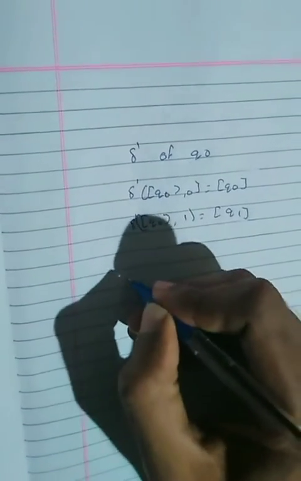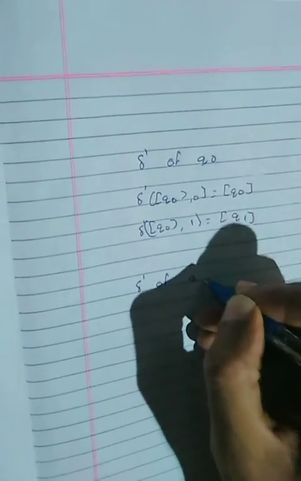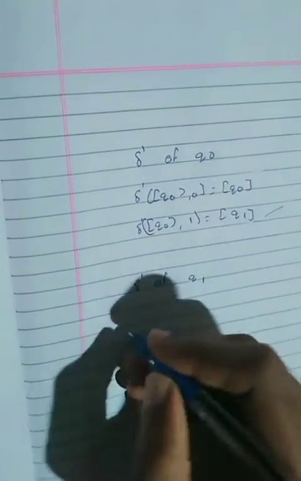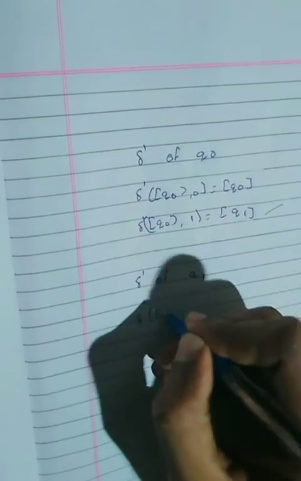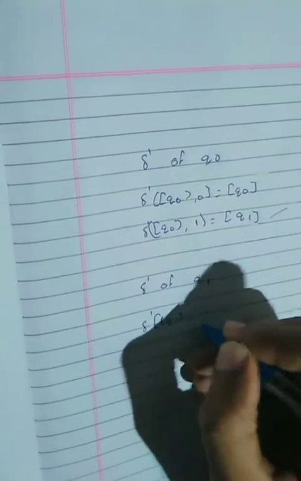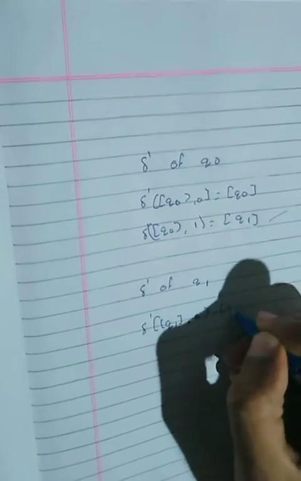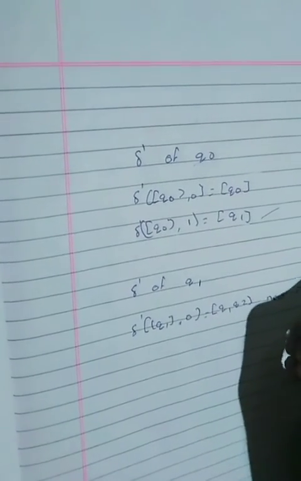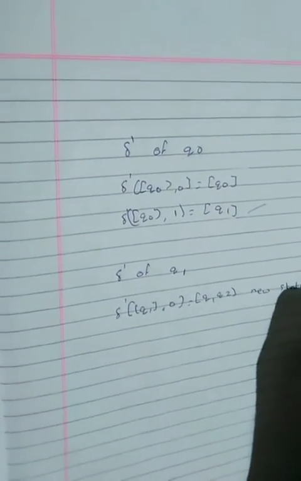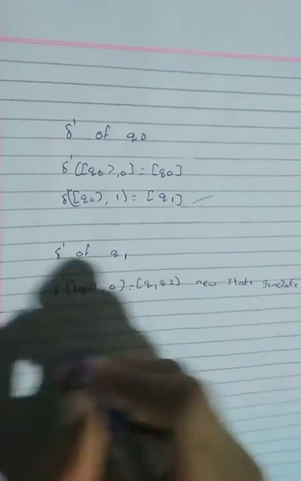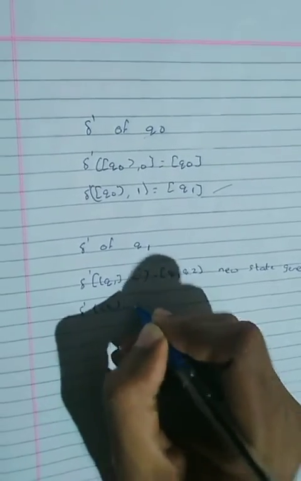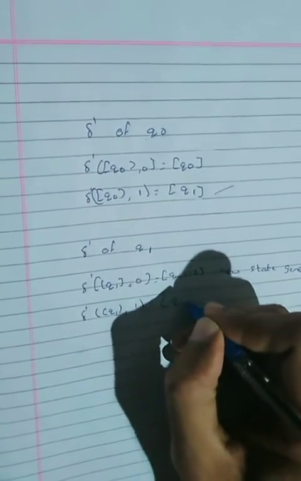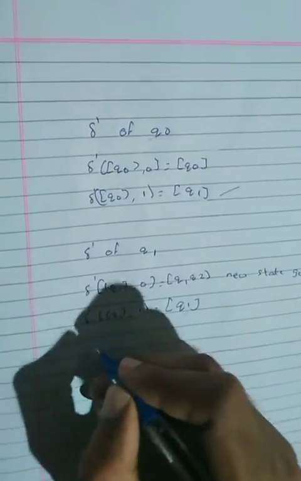Now we go for the delta dash of Q1. With the input 0 we will get Q1, Q2 as the new state generated. Now with the input 1 we will get the state Q1. Now we have completed Q0 and Q1.